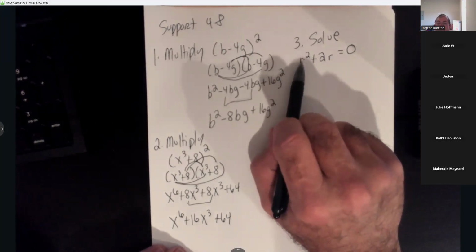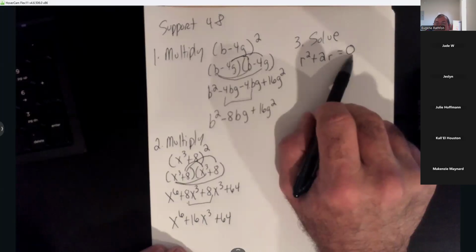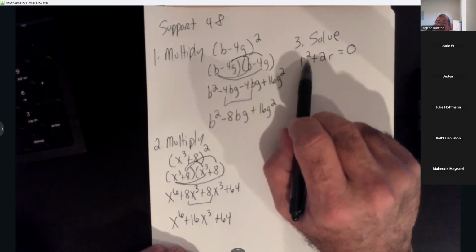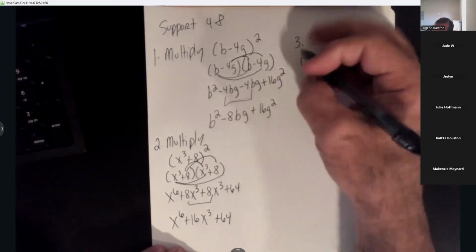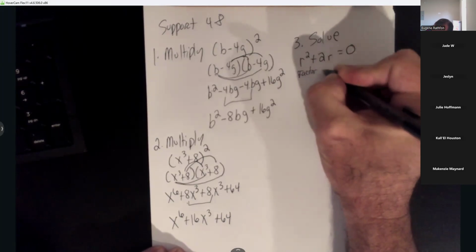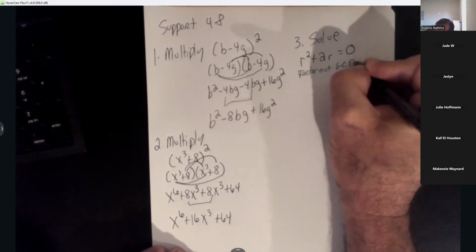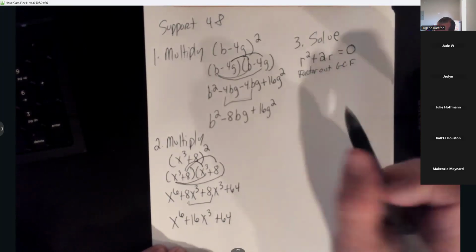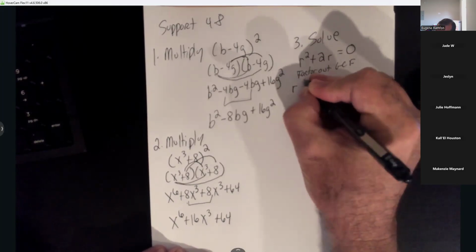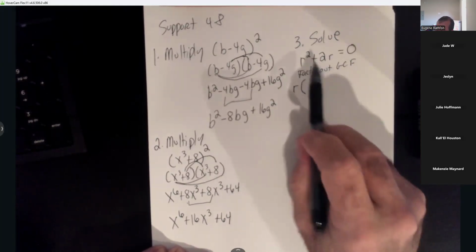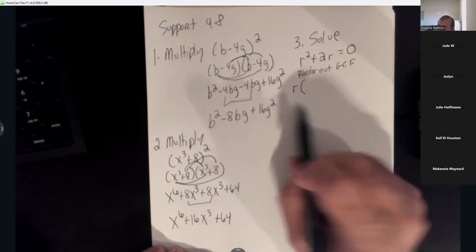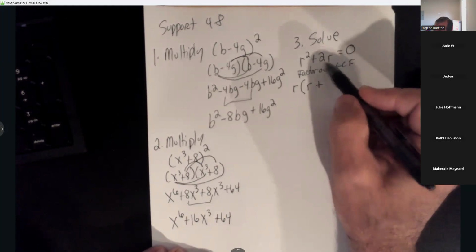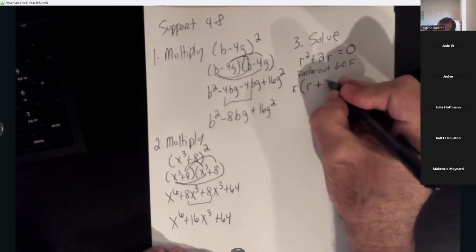So when you got an r squared and then an r equal to 0 like this, the way we do this is factoring. But what we do when we factor this one, we're going to factor out a GCF. Since this one has the r in it, this one has the r in it, we're going to factor out the r. And then in parentheses, r squared divided by r leaves you an r plus the 2r divided by r leaves you a 2.